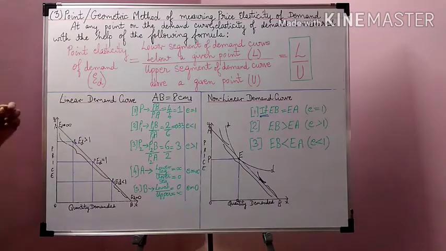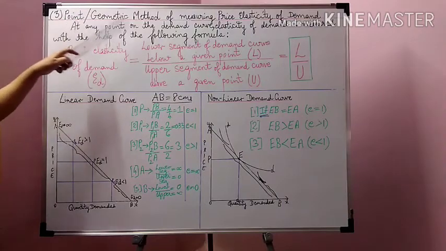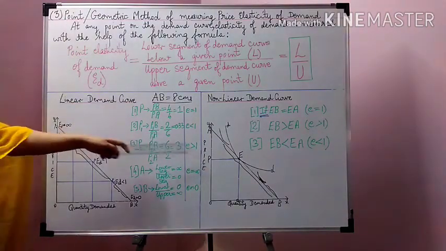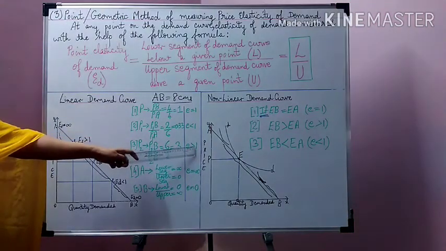Second is total expenditure or outlay method. We calculate the total expenditures before the price change and after the price change and compare. And third method is point or geometric method. We take any point on the demand curve, we can calculate the elasticity of demand.